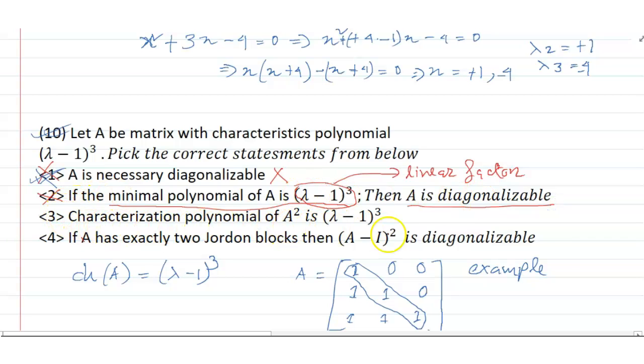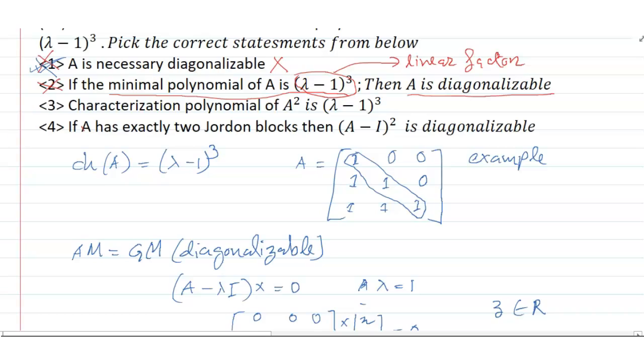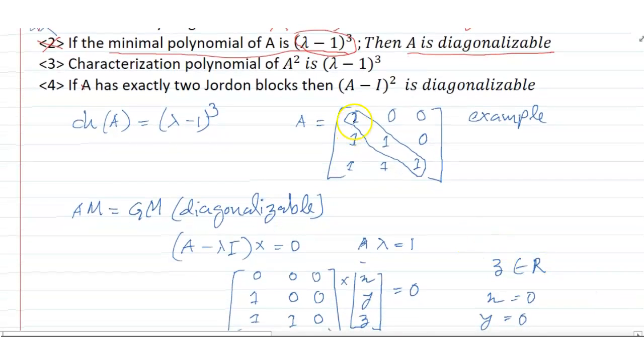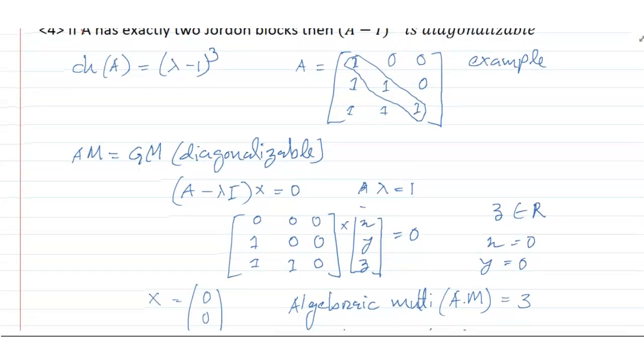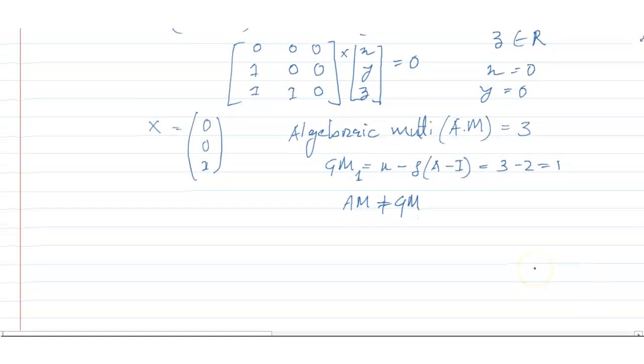The characteristic polynomial of A square is (lambda minus 1) whole cube. Next problem.